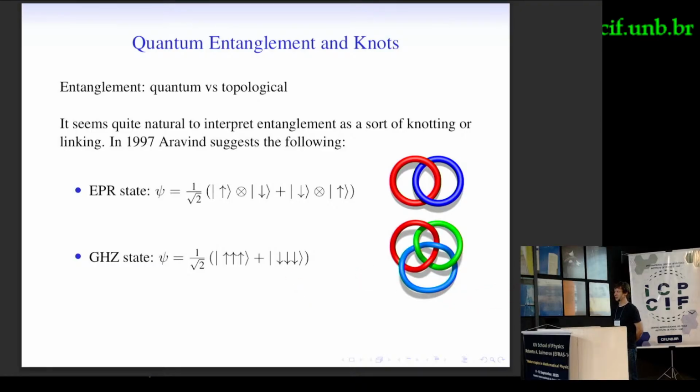The suggestion was to consider the Borromean rings. Borromean rings have this property: if you remove any of the circles, so measurement means collapsing, removing a circle, collapsing a state, the other two will be disconnected. You can easily convince yourself that this is a property of this diagram.